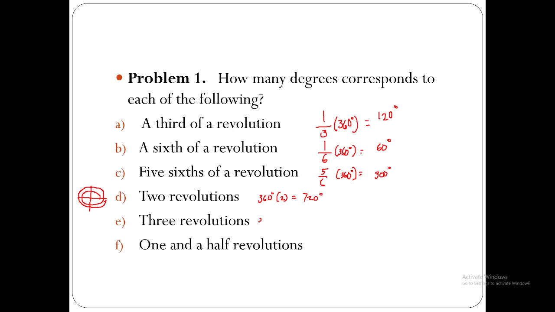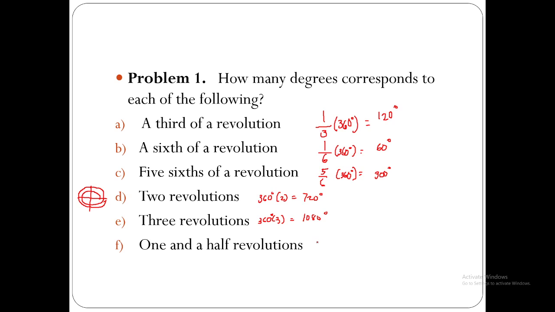For 3 revolutions, 360 times 3, that's 1080, I think. Let's check. Yes, that's correct.